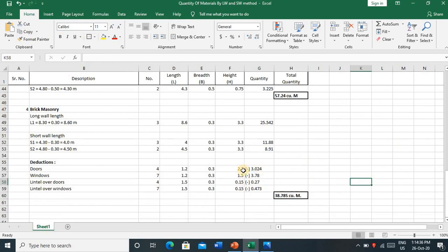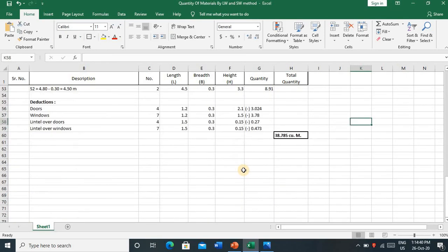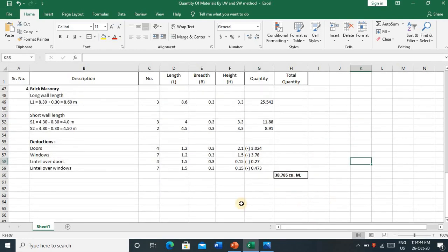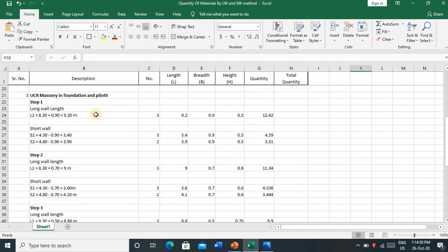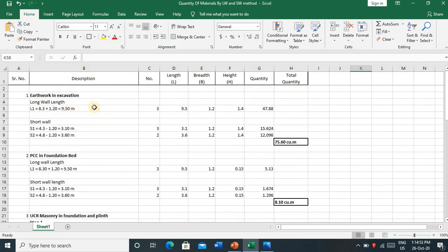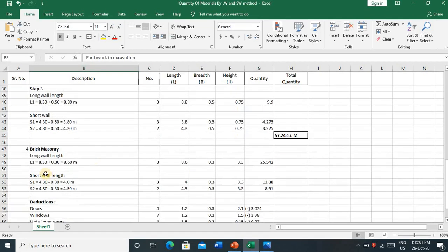Okay, so this is how you should calculate the quantities. So here we have learned how to calculate these quantities. 4 types of quantities we have done so far: earthwork and excavation, PCC in foundation bed, UCR masonry in foundation and plinth, and brick masonry.